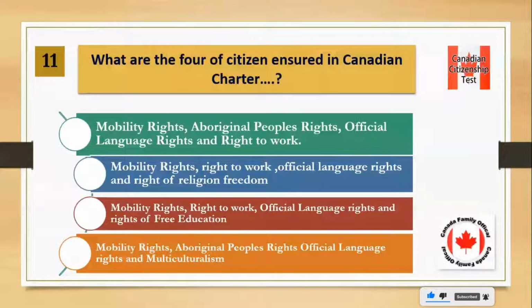Number 3, mobility rights, right to work, official language rights, and rights of free education. Number 4, mobility rights, Aboriginal people's rights, official language rights, and multiculturalism. And the answer is mobility rights, Aboriginal people's rights, official language rights, and multiculturalism.